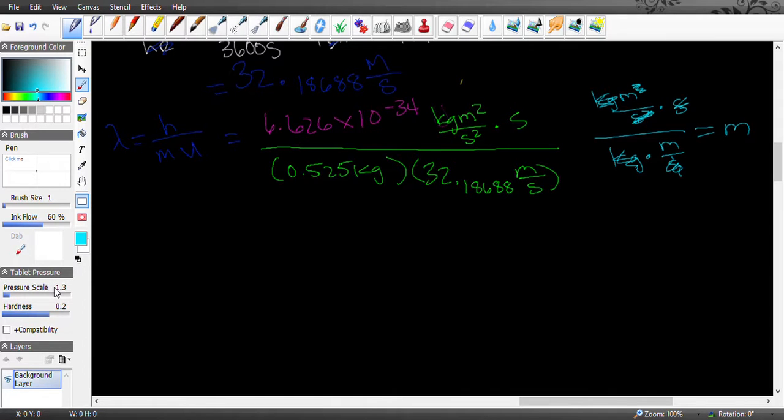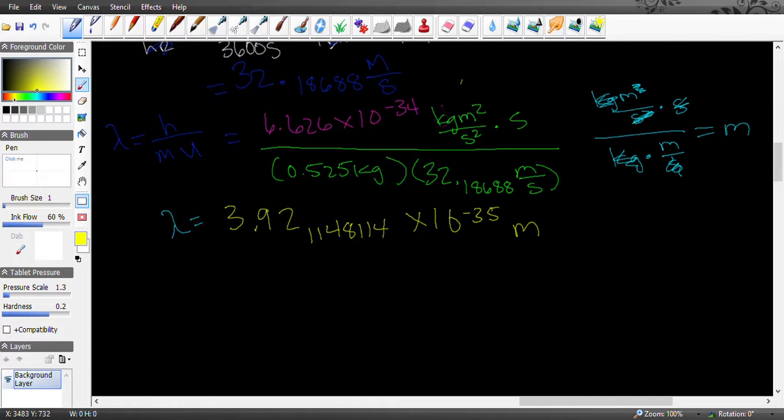All right, so now you plug this in: 6.626 times 10 to the negative 34 divided by 0.525 times the velocity. I get 3.9211481114 times 10 to the negative 35 meters.